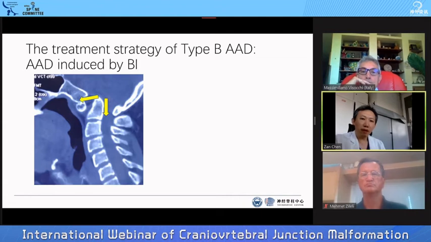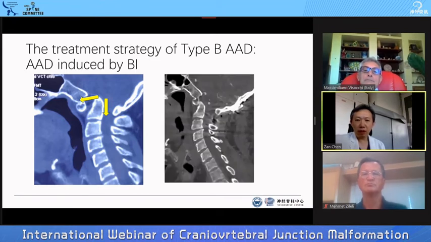For this kind of C1-C2 dislocation, first we should push C2 downward to reduce basal invagination, and then push the C2 anteriorly and reduce the C1-C2 transverse dislocation, and we can get the final result.